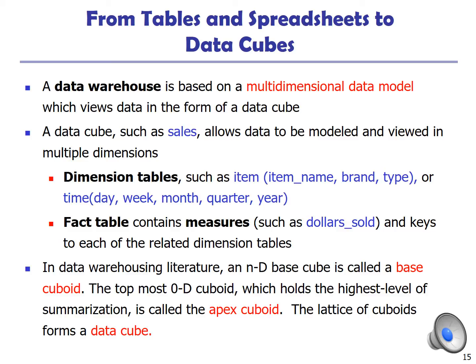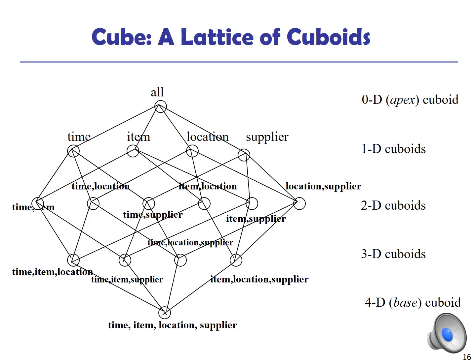In the next slide we are going to look at an example of a data cube, where the summarization of the various dimensions increases going forward. This slide gives you a good representation of a data cube, which is nothing but a lattice of cuboids.